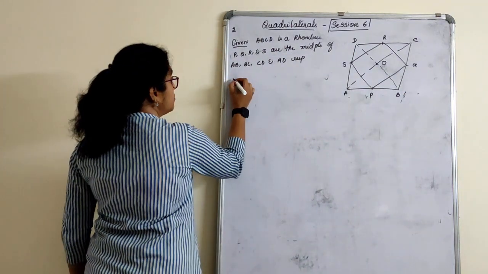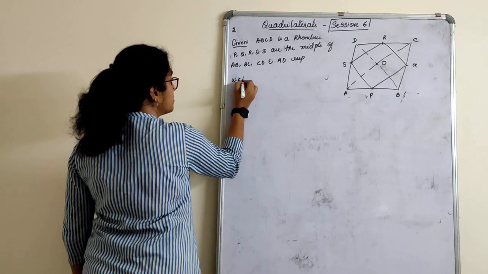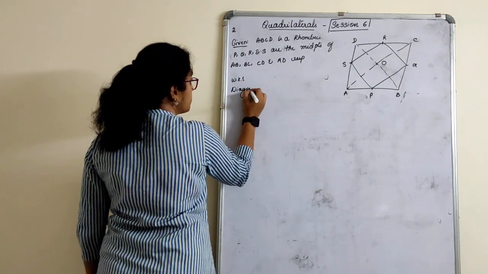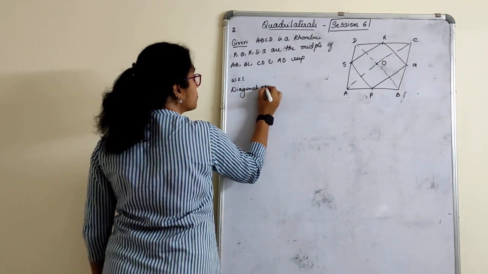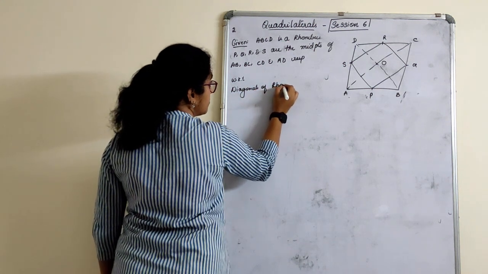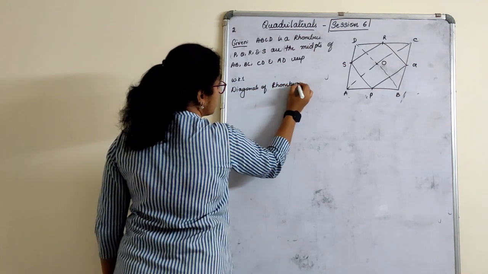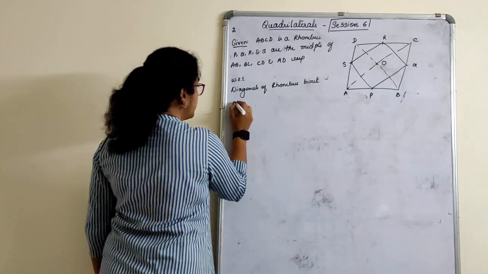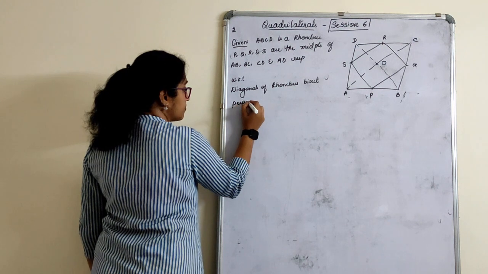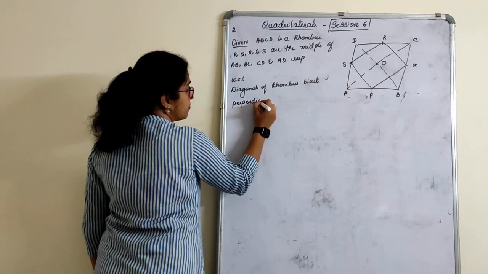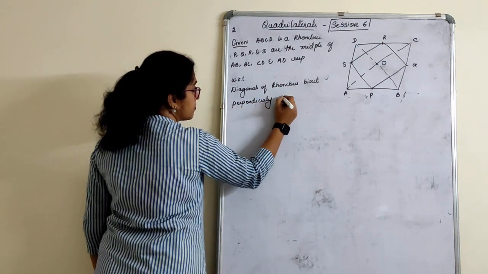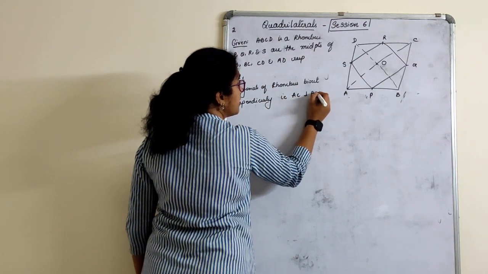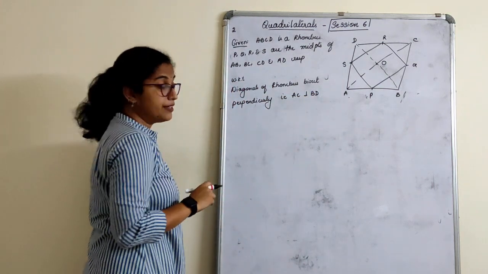We know that diagonals of rhombus bisect perpendicularly. That is, AC is perpendicular to BD, right?